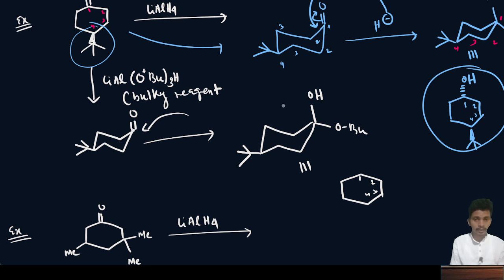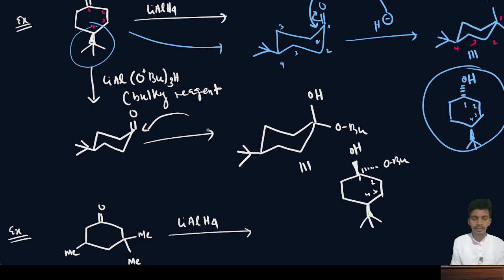So at position 1 the OH is on the above side, and on the down side we have the butyl. And at position 4 this group is there. Okay, so this is the answer for this question.